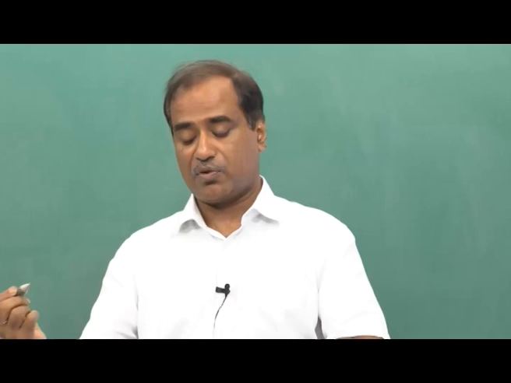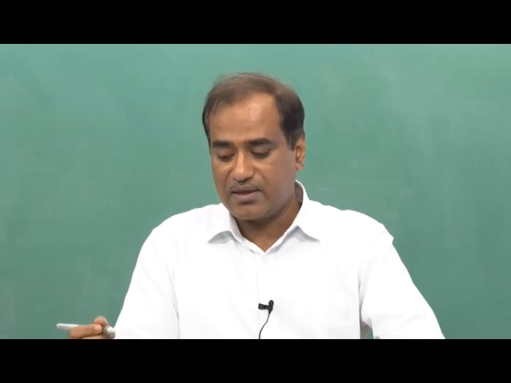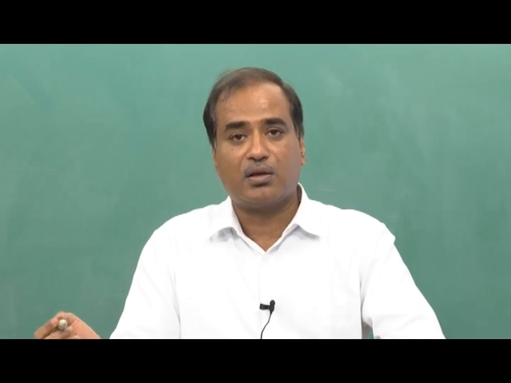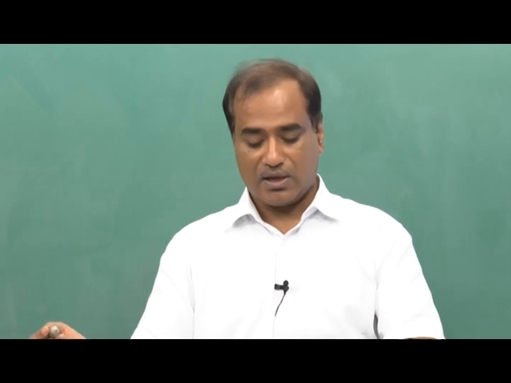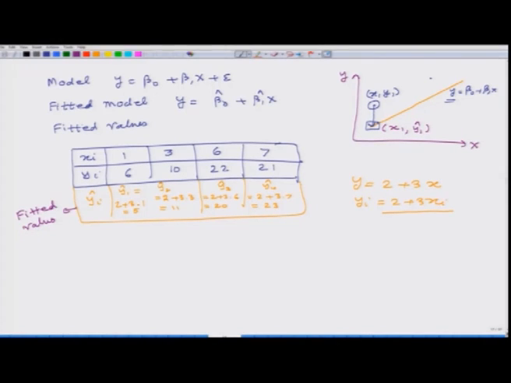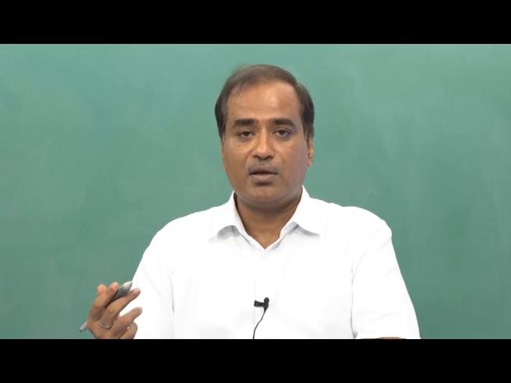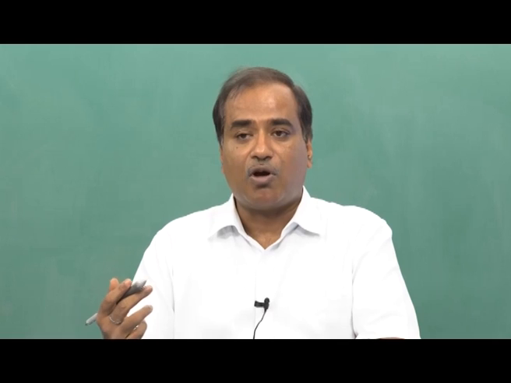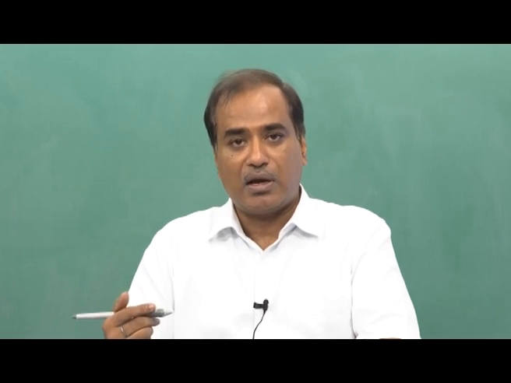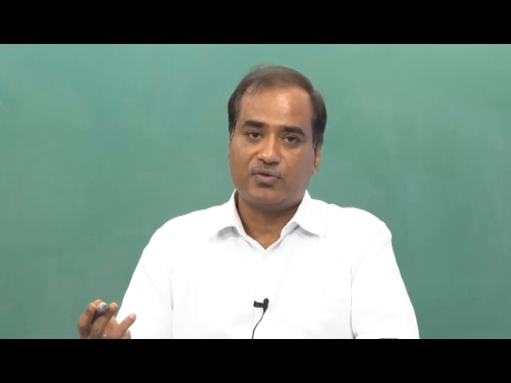If you observe what these values are, I have simply fitted the model on the basis of a given set of data. Then using the given values of xi, I am trying to obtain the values of yi, which are yi hat. So yi hats are the values of y which are obtained from the model, and they are called fitted values.